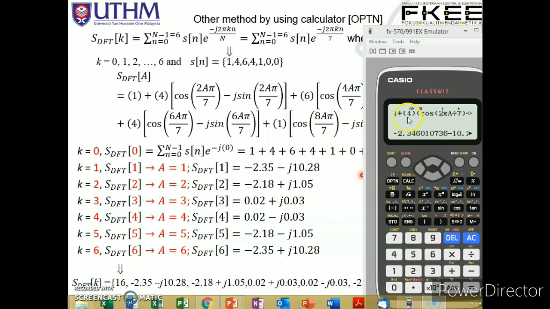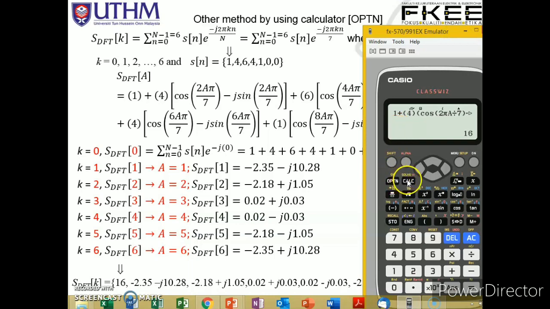Okay, after finishing keying in all the equation, we can find the value of k equals 0 until 6 by using the calculate button, and we can choose the A value. For example, 0, the answer will be 16.